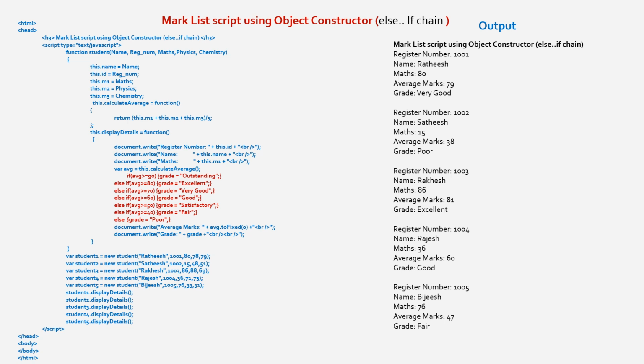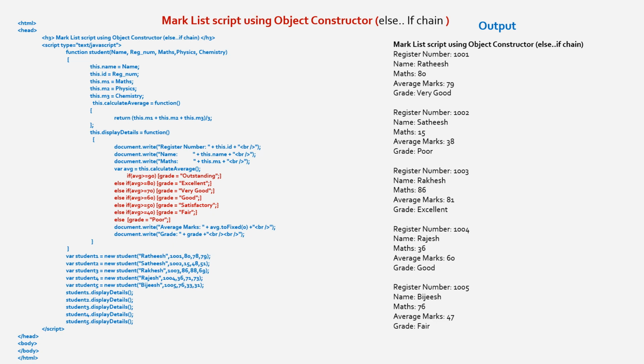Same program, only this part we have modified. If the average is greater than 90, the grade is assigned as outstanding. If the average marks is from 80 to 89, excellent. Similarly, average marks from 70 to 79, very good.